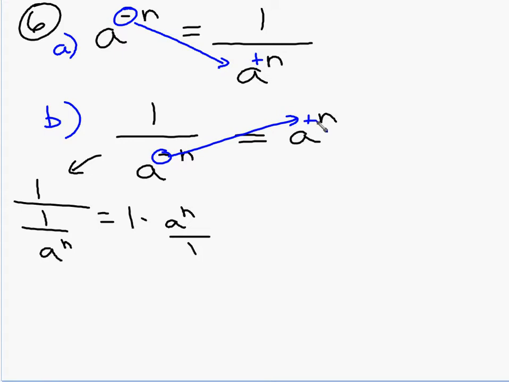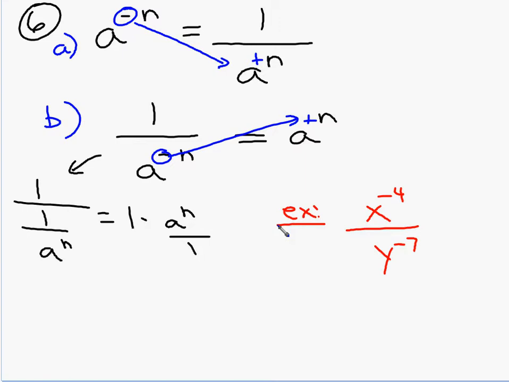All right? And so you get problems like this. I'm going to skip ahead for a second and show you just the kind of stuff that we fight. What if I had x to the negative 4th over y to the negative 7th? Something like that. Just as a quick example.